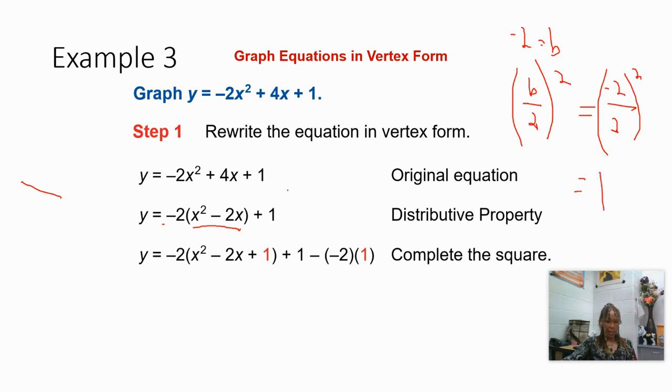So that's what I'm going to add. I'm going to add a 1 in here, but I'm not really adding 1 because it's multiplied by -2. I'm adding -2 to here, so I have to take away -2. So that's my completed equation.